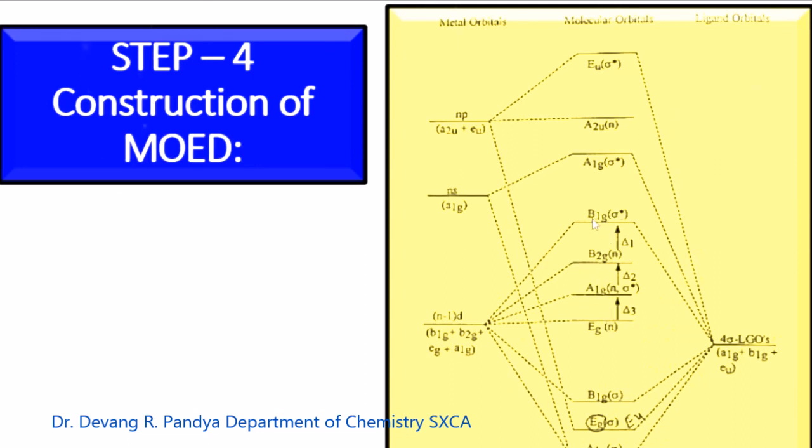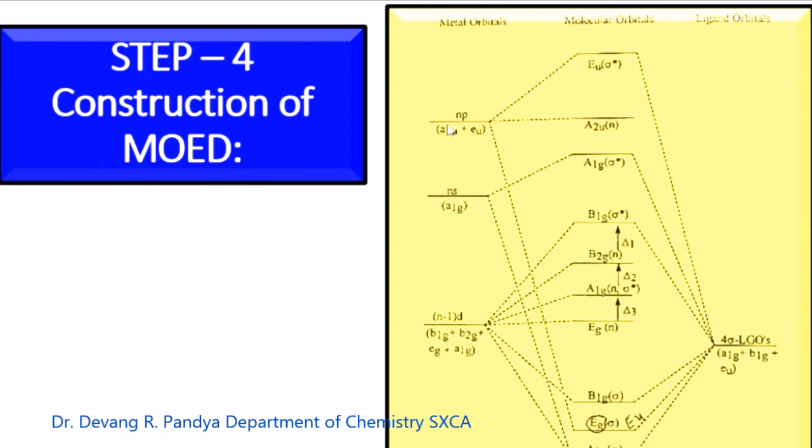Fewer electrons enter into B1G, so this molecular orbital is symbolized as LUMO, lowest unoccupied molecular orbital. Higher than that, we have the 4s atomic orbital of the central metal ion, and higher still in energy, the A1G sigma anti-bonding orbital.